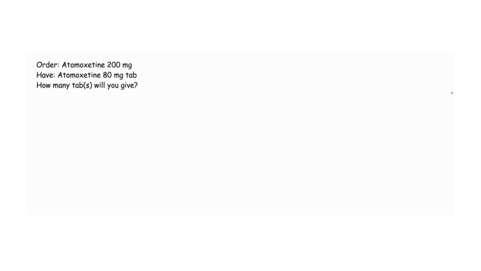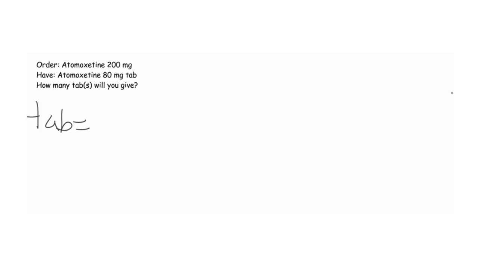So how do you know what you're looking for? You go by the question, and it's asking how many tablets will you give. So you always start with what you're looking for. So we're looking for tablets, right?